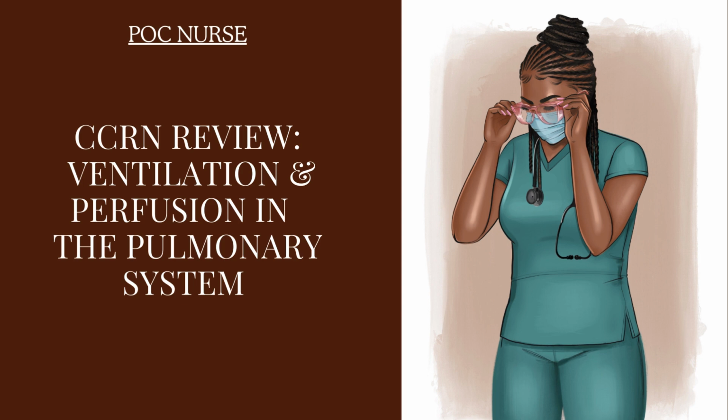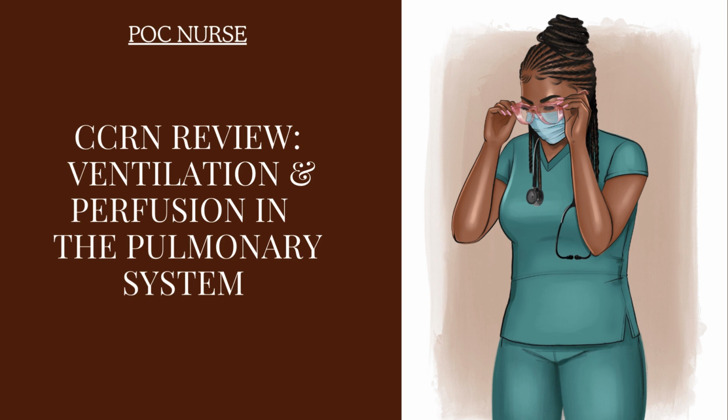If there is blood flowing through these pulmonary capillaries and there is air in the alveoli, then gas exchange will happen. For gas exchange to occur, there needs to be air in the alveoli and blood flowing through the pulmonary capillaries.